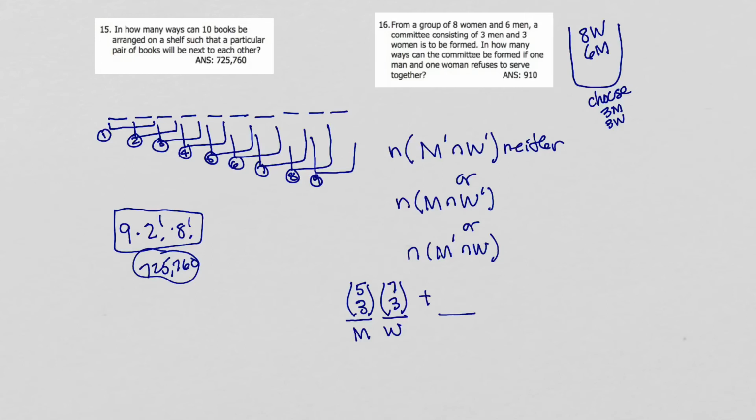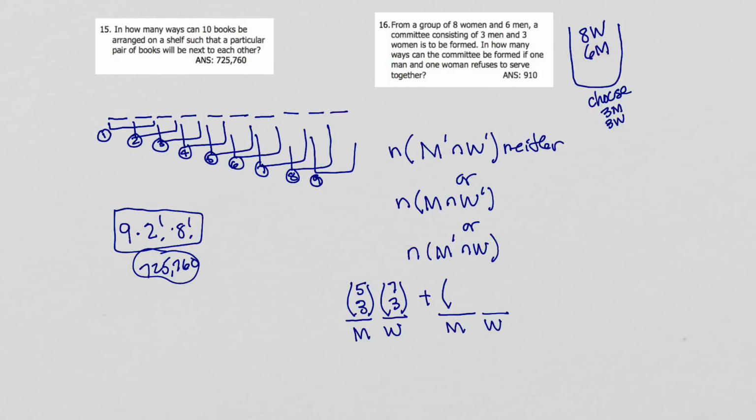And then we have the man and the woman. Now, that's going to be this case here that I drew. The man's going to serve, but the woman is not. So the man serving, now there's 6 men altogether, and we want 3 of them.